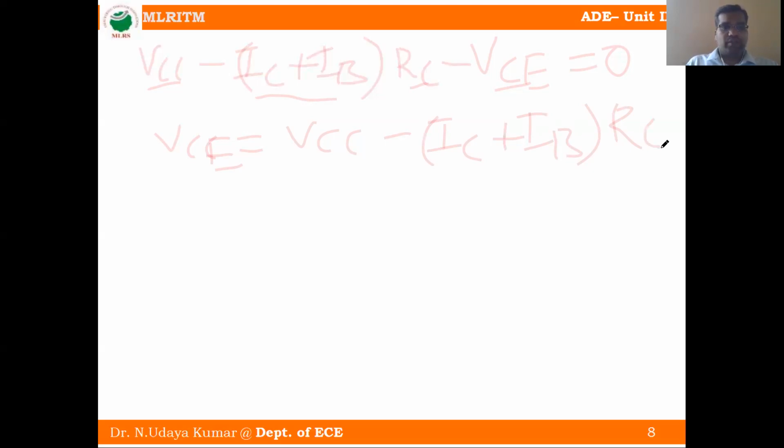So this is the output equation. We have to calculate VCE. So finally we get IC and VCE.